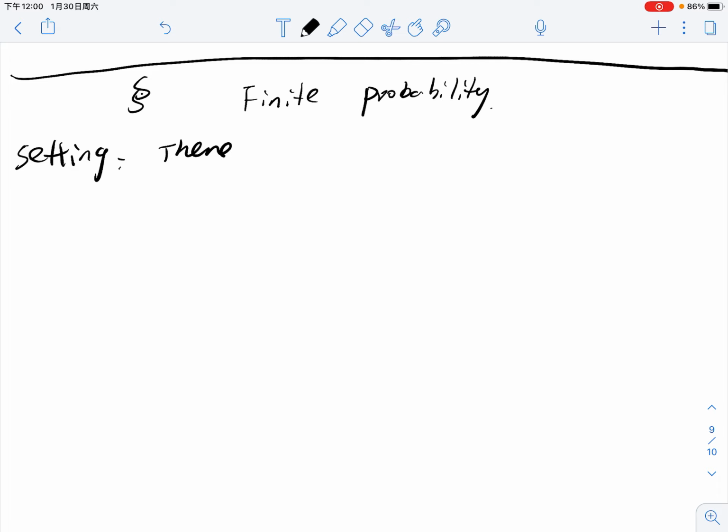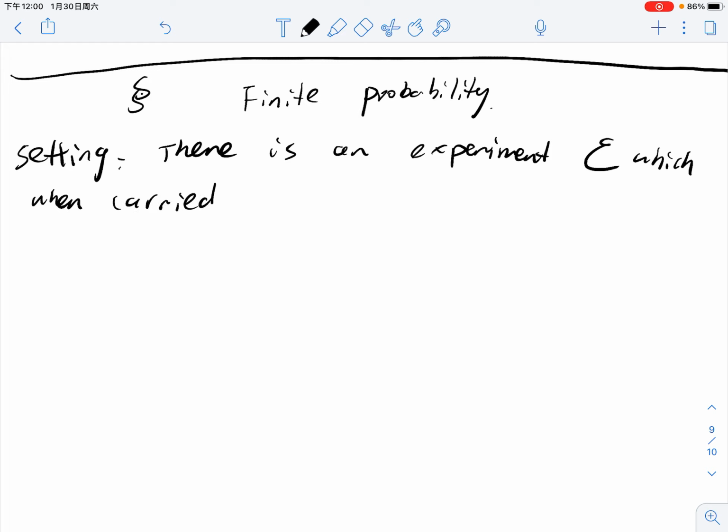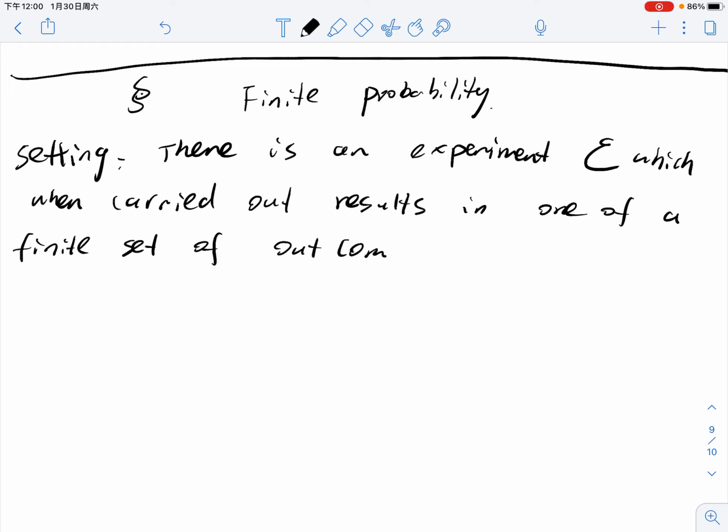So the setting will be similar. There's an experiment, call it E, which, when carried out, results in one of a finite set of outcomes.